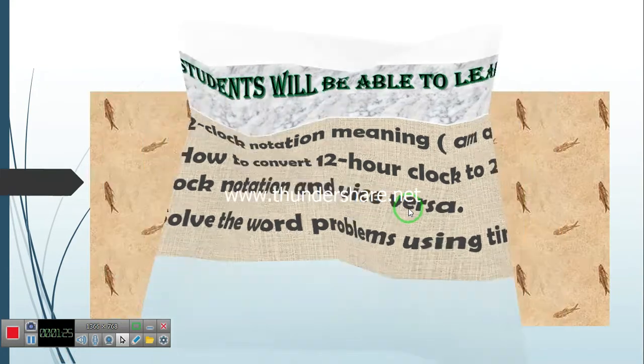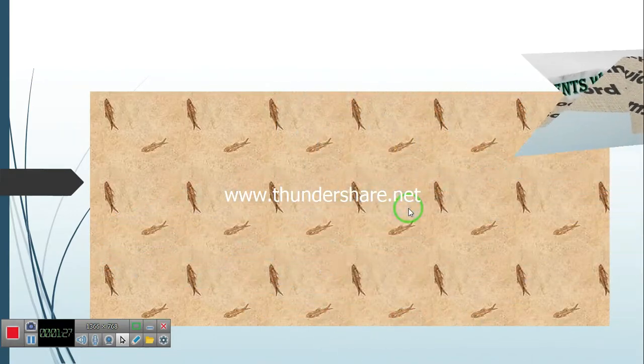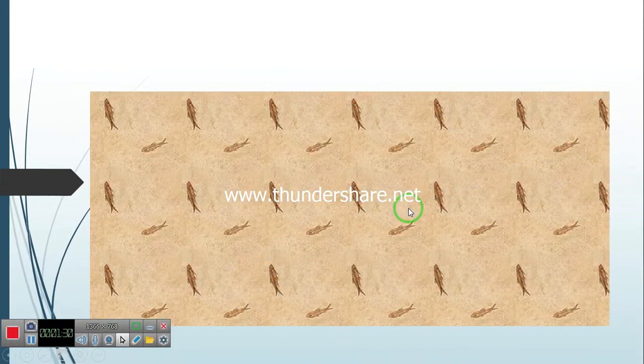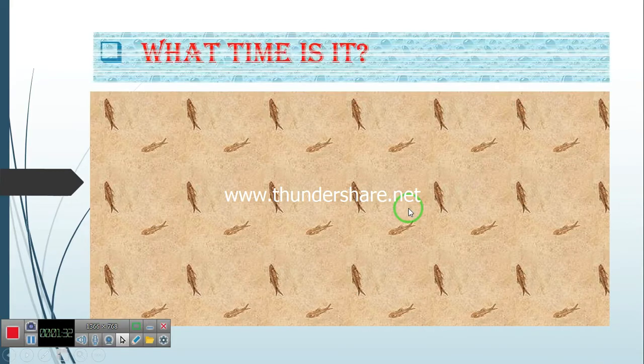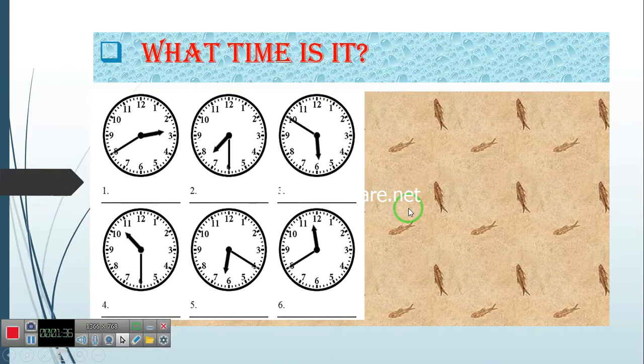Okay, before we start the lesson, I want to ask you a question: what time is it here? This one you studied in the lower grade, right? In this case, I want you to use past and to when reading time. Number one, what time is it? You will say 20 to 3.